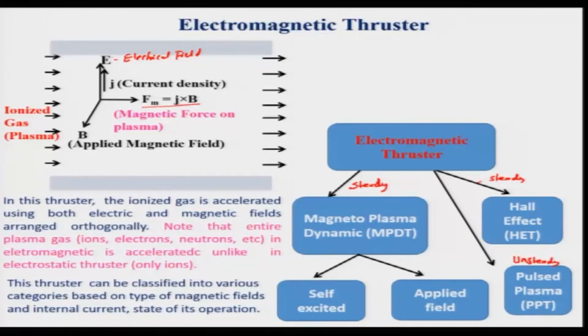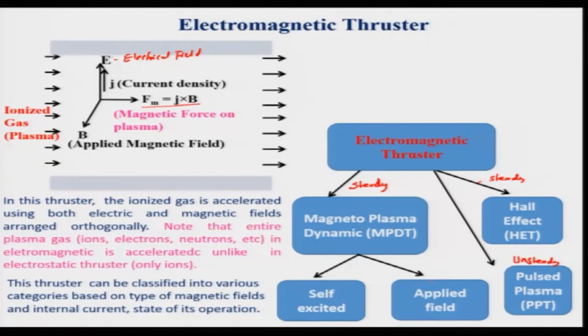The steady category can be divided further into two categories. One is self excited, that means in this case the magnetic field is self excited, and this we call self excited magnetoplasmadynamics.